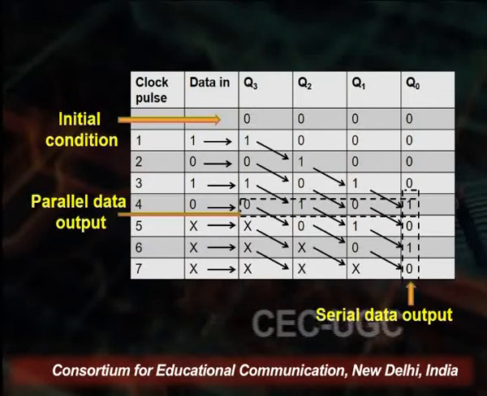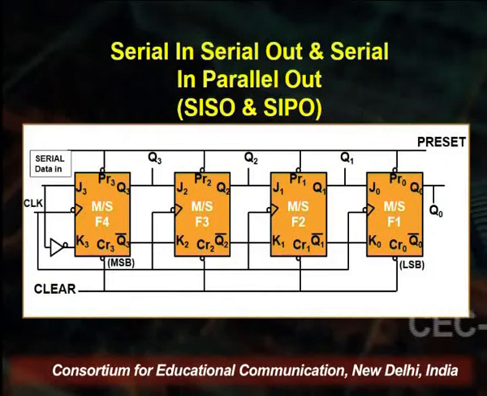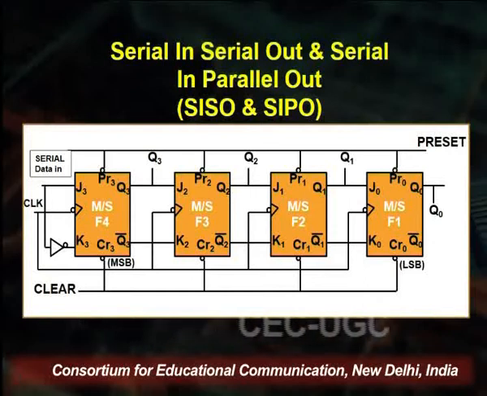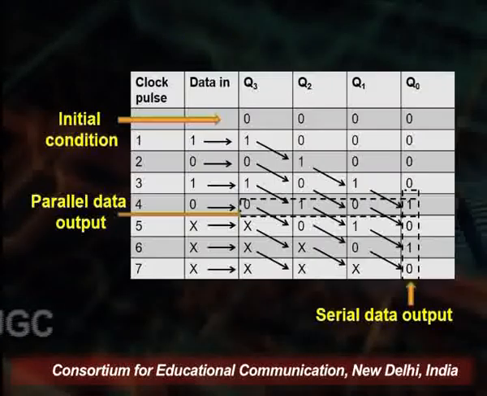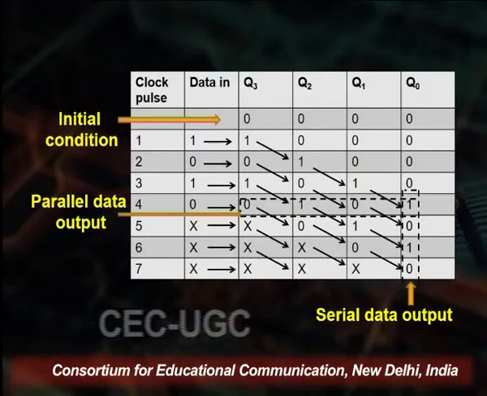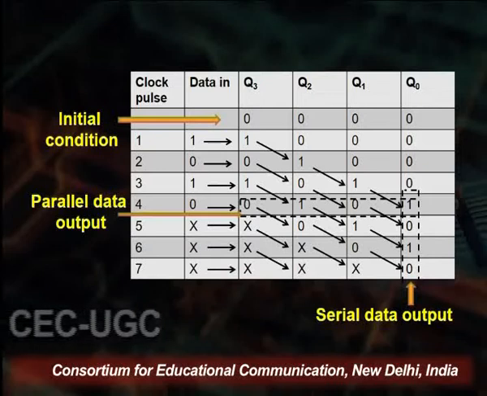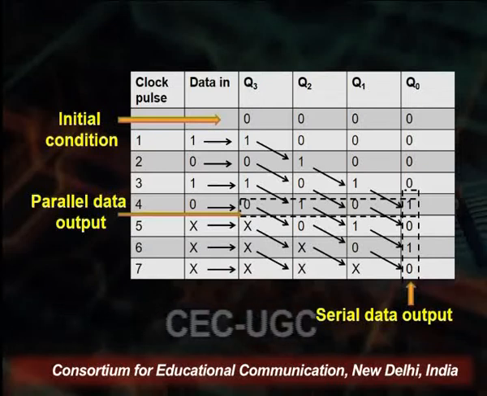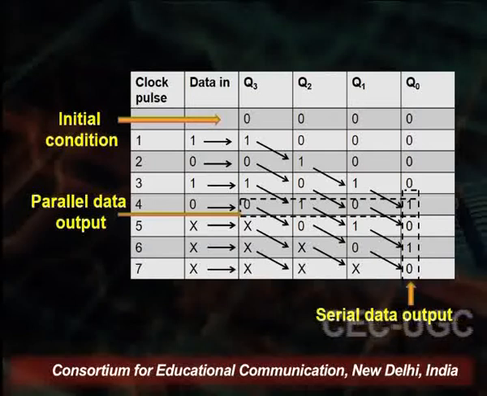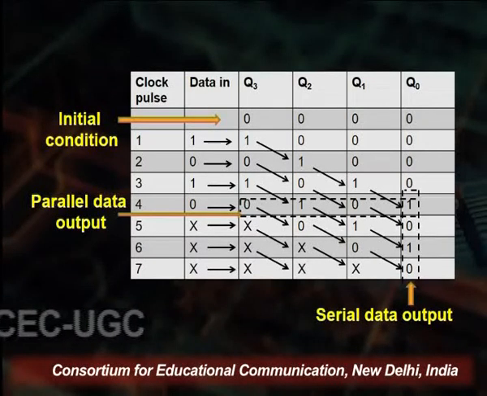Now, it is important to note that the clock is fed simultaneously to all the flip-flops. So when the first falling edge comes, the data 1, which was already present at the input of the LSB flip-flop, that is flip-flop 1, is shifted in. Now it shifts towards the next flip-flop.